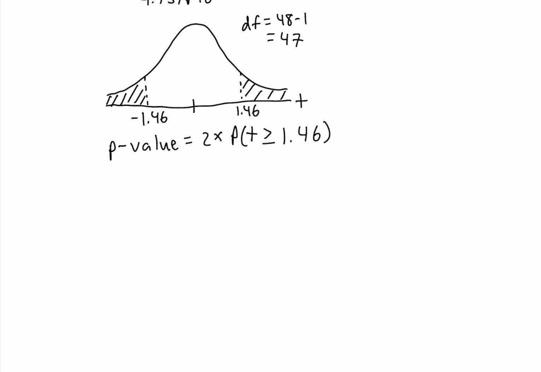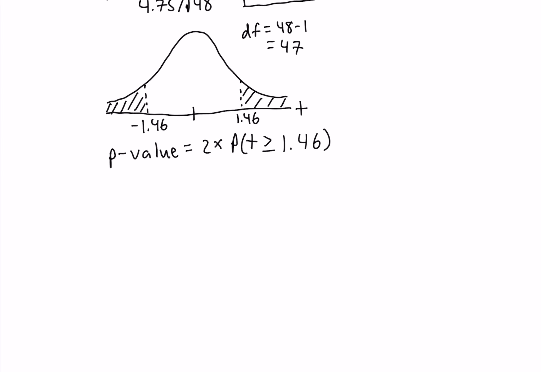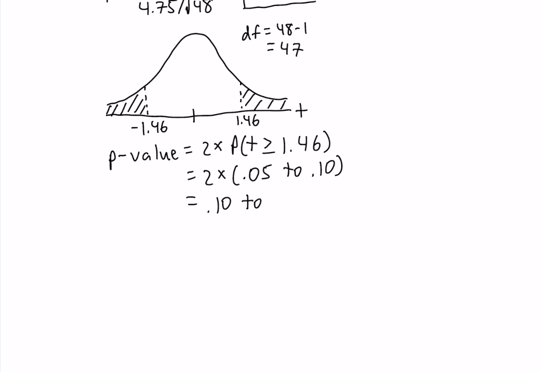So our p-value is going to be 2 times 0.05 to 0.1, which is going to be, we just double each number, 0.1 to 0.2. Now that's the most information that we can get from our t-table, and it's enough to solve this problem.